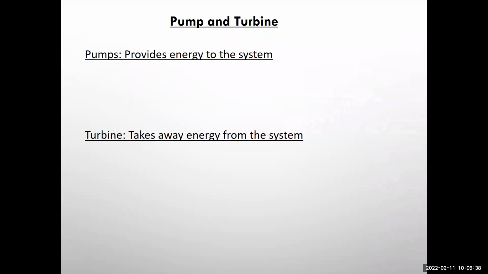Now, as I said, a pump provides energy to the system and a turbine takes away energy from the system. Can you tell me, in any hydroelectric power plant, what is the main principle they use?